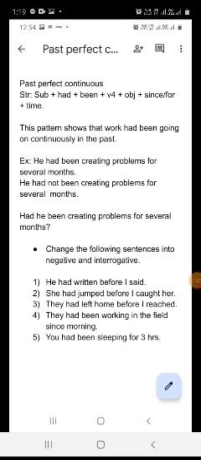Yes. And for is used for? Very good. Can you give some example of since or point of time? Name of day.